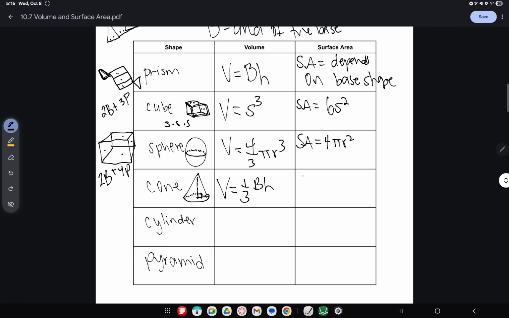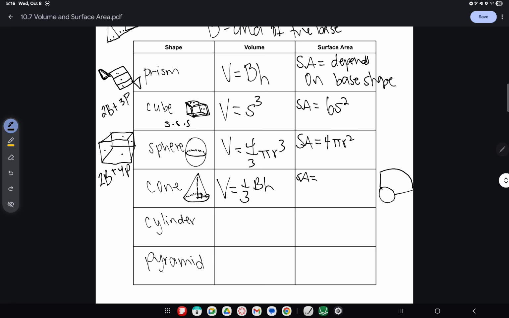And then the surface area, if I flatten it out, it is a circle, and then a weird, curved triangle. So not really a triangle.